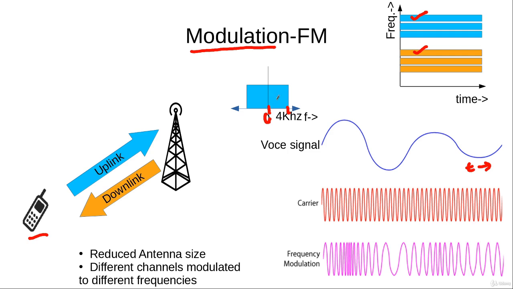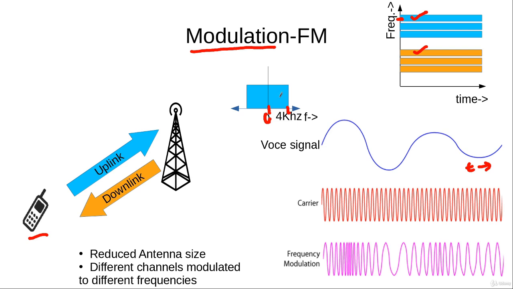Now, in order to send this signal through this channel in the uplink direction, we need to shift the center frequency of this voice signal from 0 hertz to the center frequency of this channel.